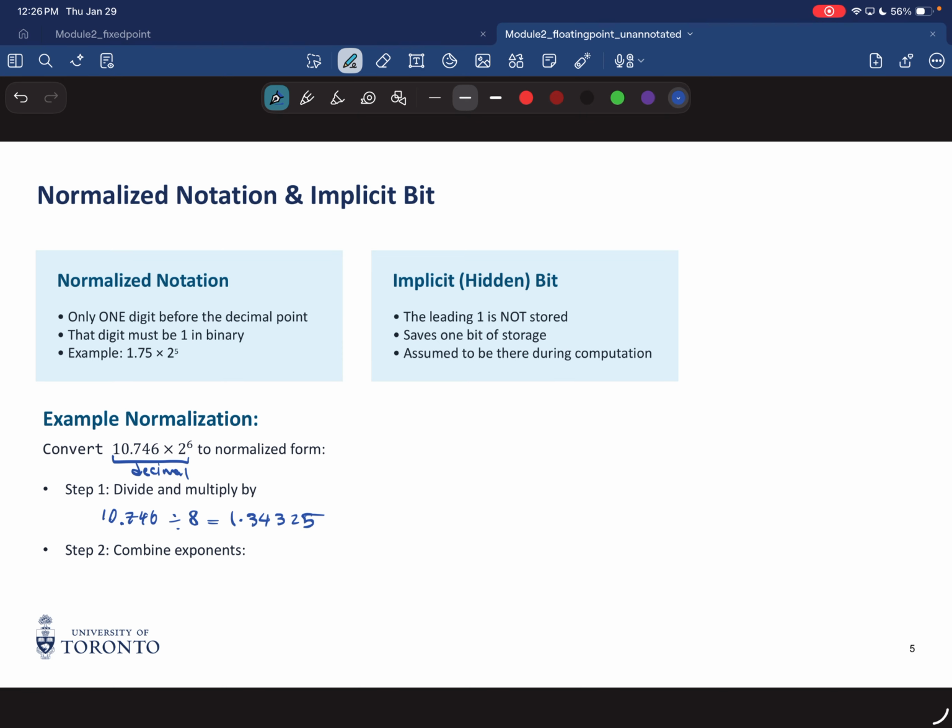Now you can say 10.746 multiplied by 2 to the power of 6 is 1.34325 multiplied by 2 to the power of 3. So now we are combining the exponents. 10.746 multiplied by 2 to the power of 6 is going to be 1.34325 times 2 to the power of 9.